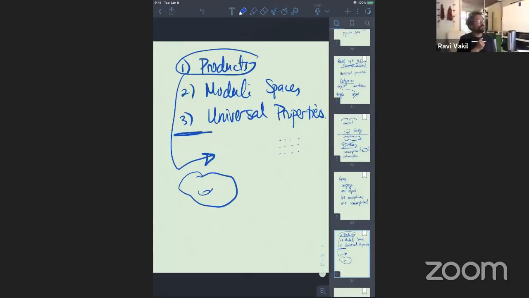And when people are just calling them products, you should be complaining: what right do they have of calling them products? One possible answer might be that often they're product sets with some additional structure, but that's not a great answer. They deserve the name product because they have something even better in common. And so let me describe what that thing is.